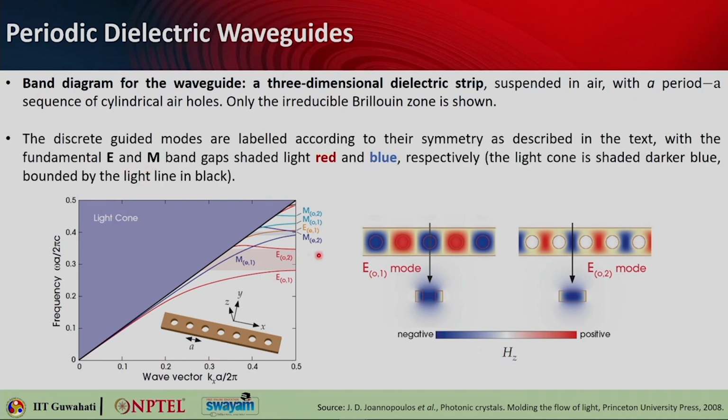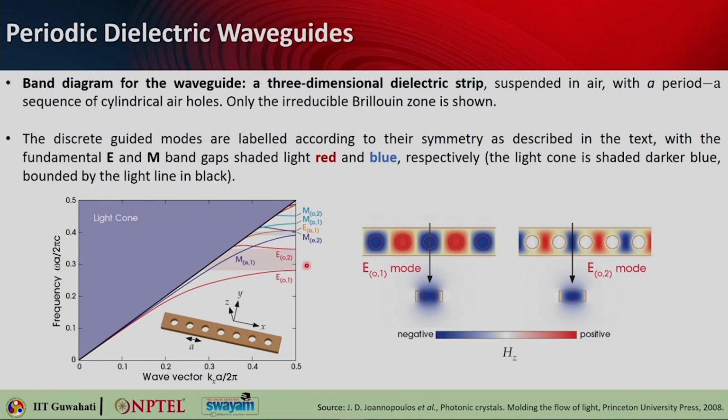Let us look into the band diagram, and here we can identify M and E modes. Now what are M and E modes? The E modes are the TM modes, so these are the fundamental E bands, or you can say TM bands, and the M bands are the TE bands. They are shown in red and blue. And this is the light cone.